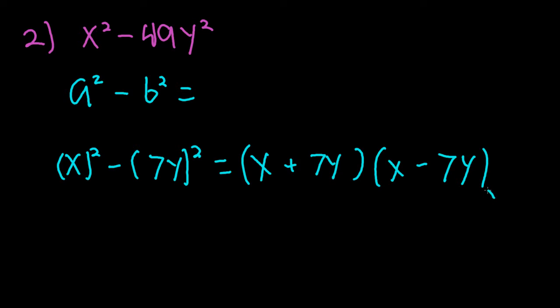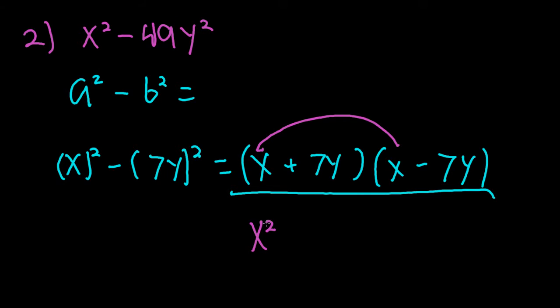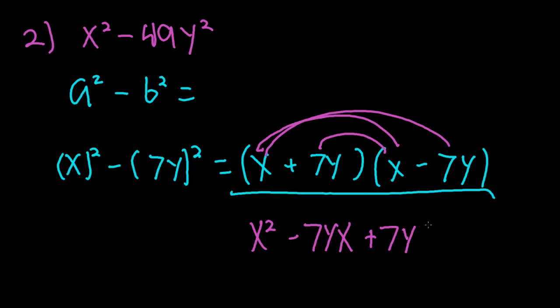Again, a way we can check whether we're right is to multiply this out and see if we receive our original problem. So let's do that fairly quickly. I'm going to do x times x, which is x squared, x times negative 7y, which gives me negative 7yx. Over here I have 7y times x, which gives me positive 7yx, and 7y times negative 7y, which gets me negative 49y squared.